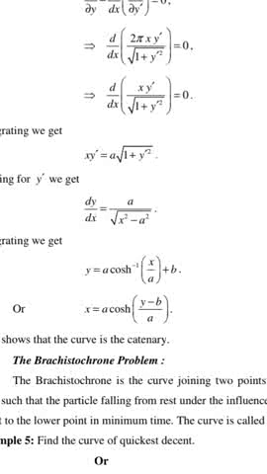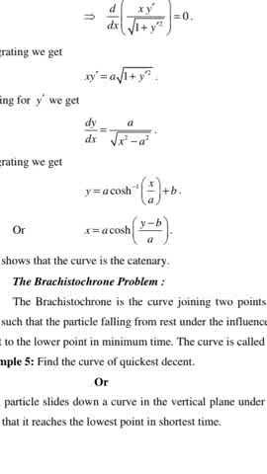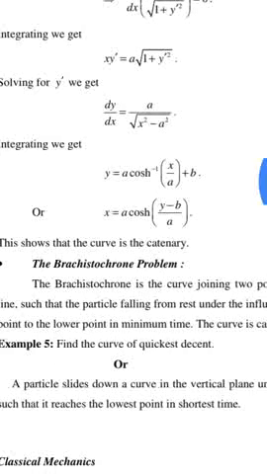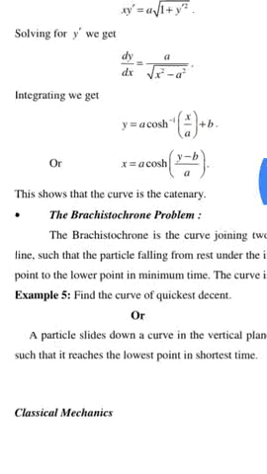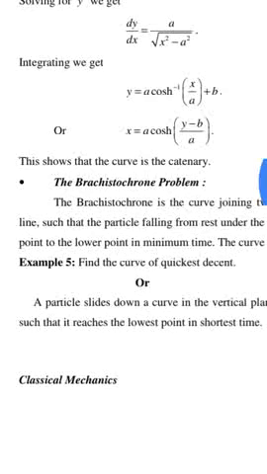Therefore, a cos hyperbolic inverse of x upon a is equal to y minus b, that is, x is equal to a cos hyperbolic of (y minus b) upon a. This shows that the curve is a catenary.